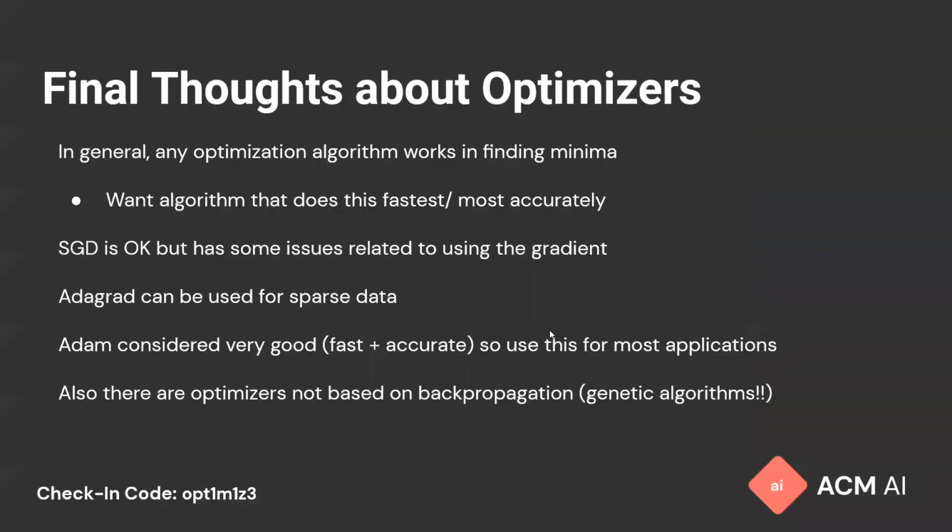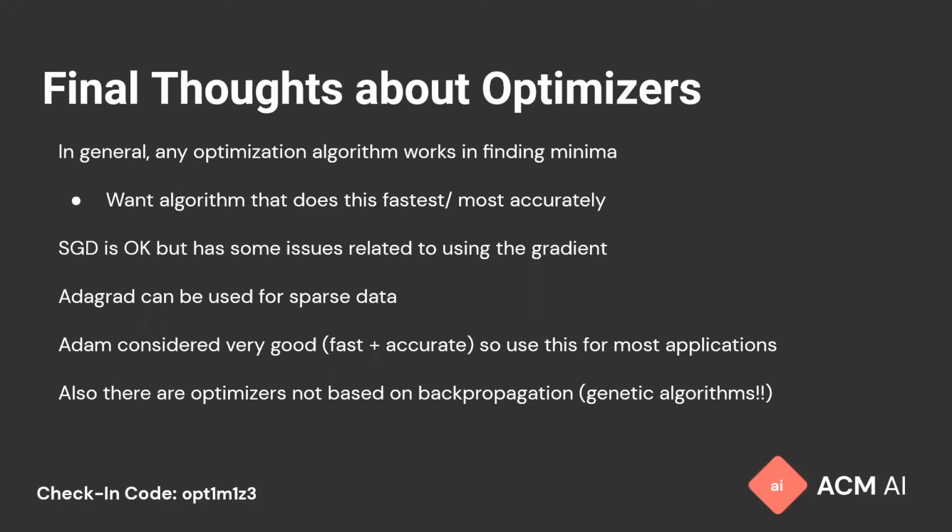So just some final thoughts about optimizers. Technically speaking, all the methods I suggested would work to varying degrees. They'll find a minimum, but we don't want to just find the minimum. We want to find it as quickly as we can, and the best minimum that we can, as accurately as we can.